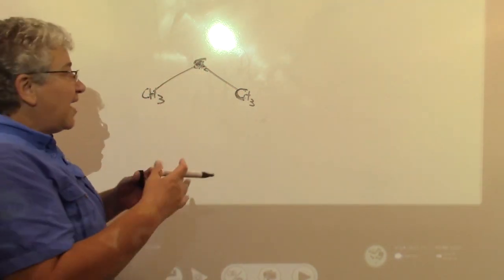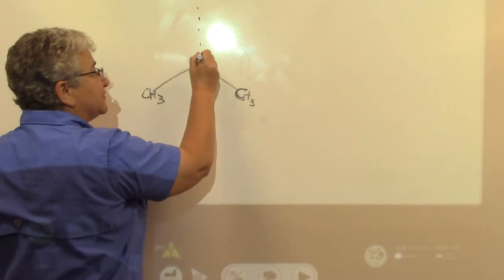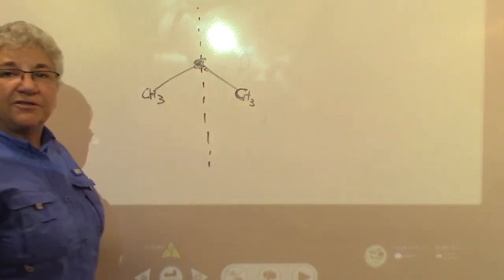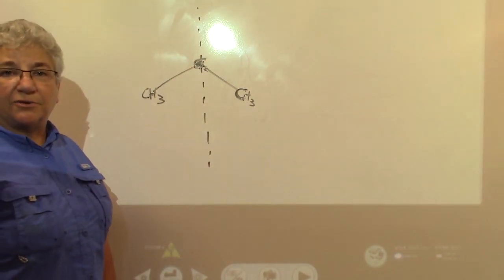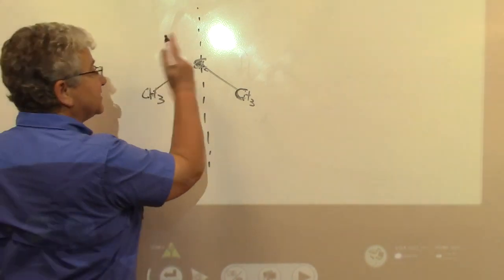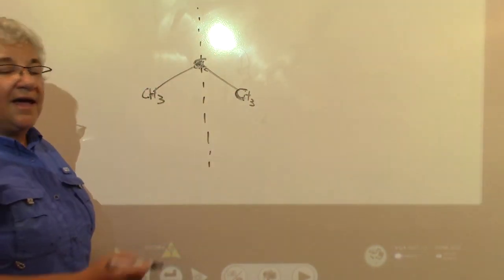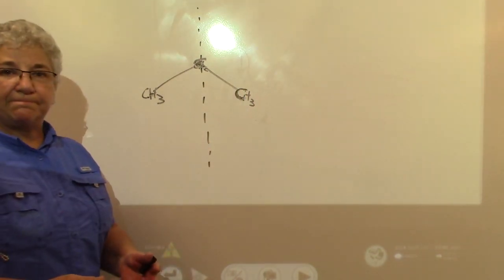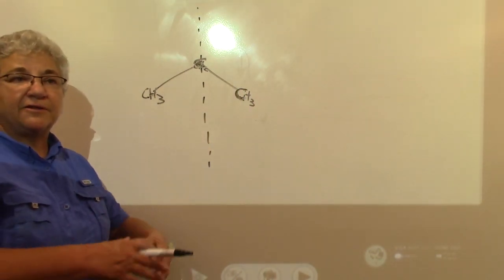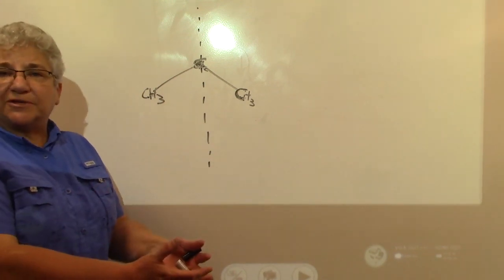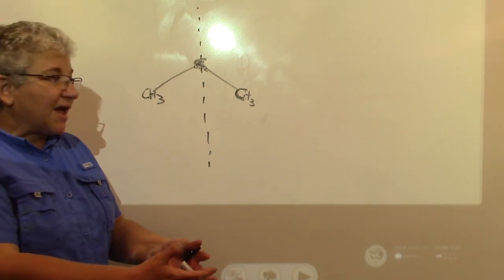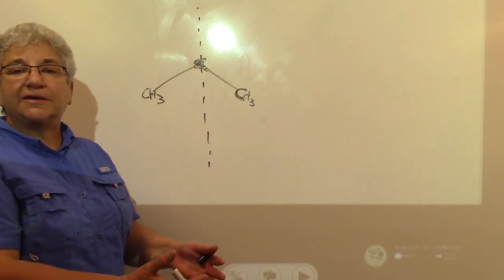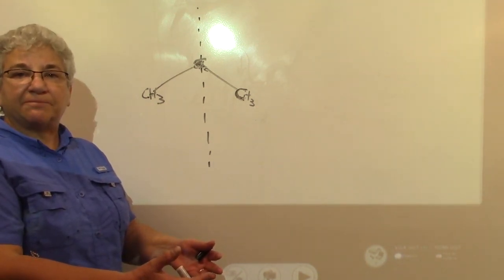And so I can see a plane of symmetry that runs right through the center of my molecule, that this side is the same as this side. And if these two carbons are the same, then they'll absorb the same frequency, and they'll show up as one peak in my spectrum.